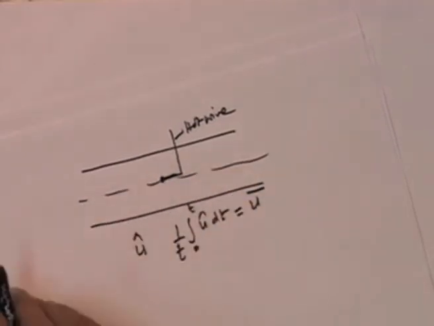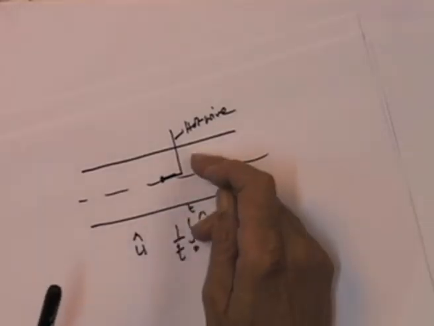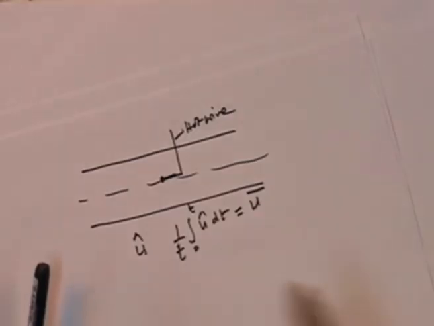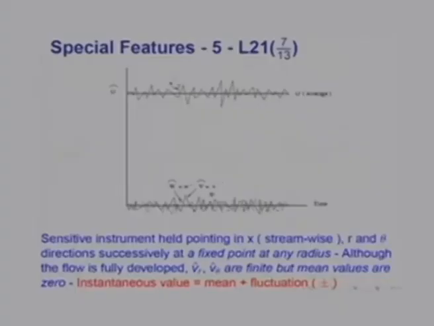In fact, it will be so at any radius of the pipe. But if I were to put a hot wire, I would find that the radial velocity would show zigzagness, an instantaneous value, but its average will be 0. That is why I have plotted it over here.